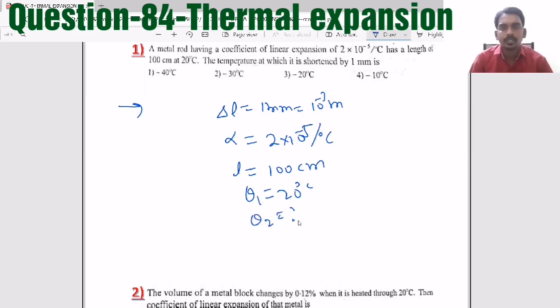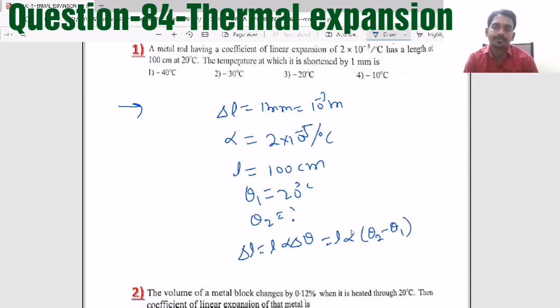Theta 2 we don't know. Now delta L equal to L alpha delta theta, where delta theta is theta 2 minus theta 1. Here delta L is negative, since it actually shortens, decreases.